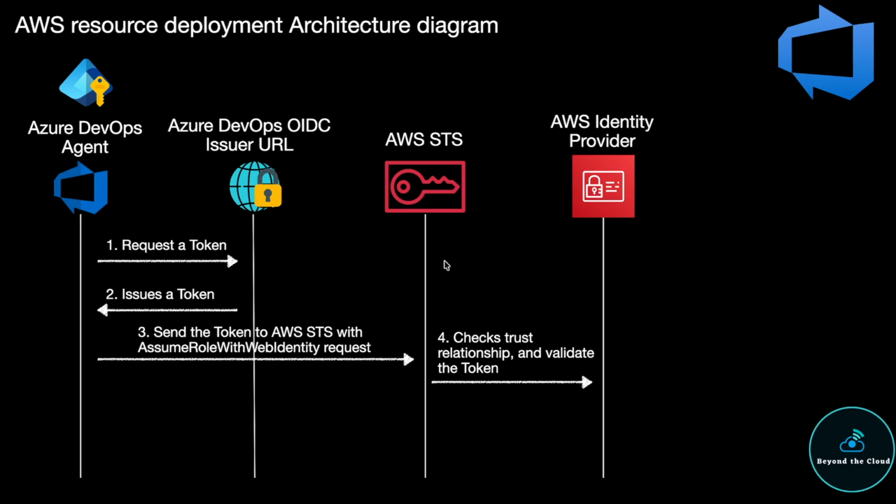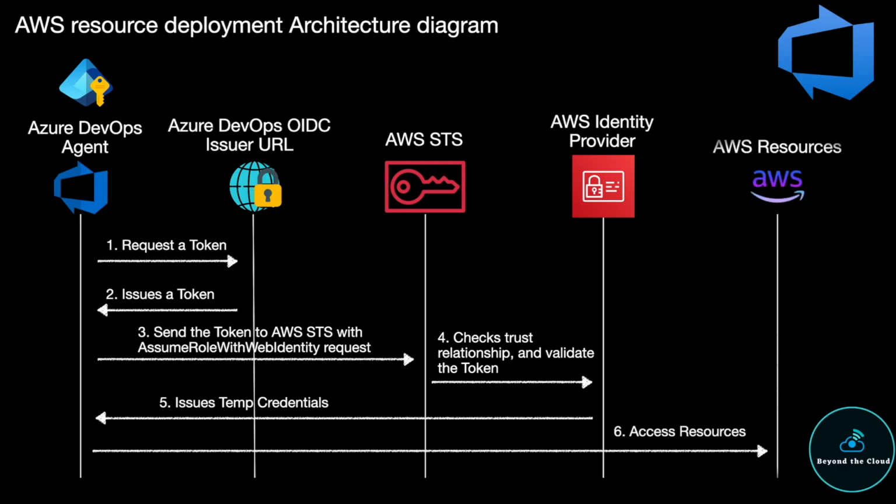AWS checks the provider URL and the trust relationship of the DevOps pipeline, and says okay, I can generate temporary credentials for you so that you can deploy resources, after checking the role and the trust relationship of the OIDC provider. Then AWS IAM generates the token and passes it back to our pipeline. Our Azure pipeline will then have the temporary credentials to deploy resources to our AWS environment.